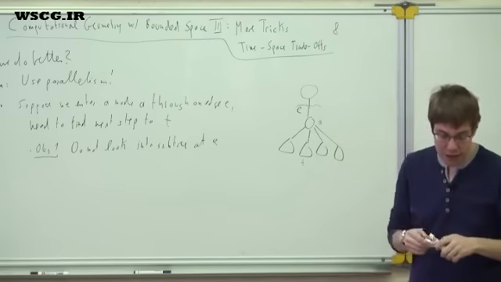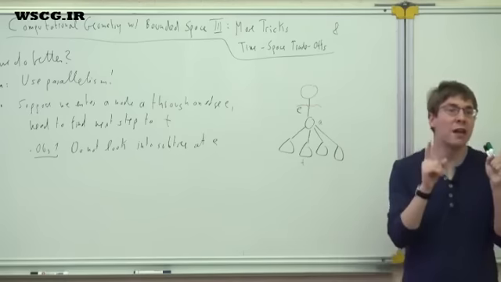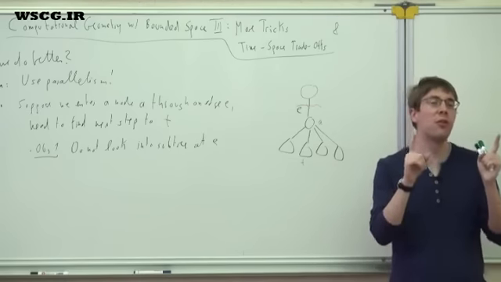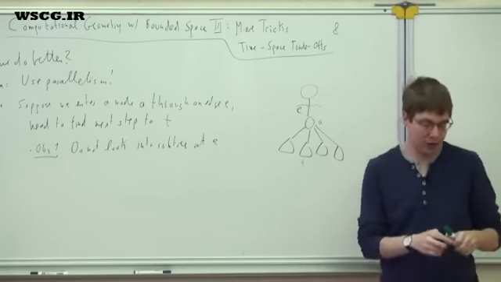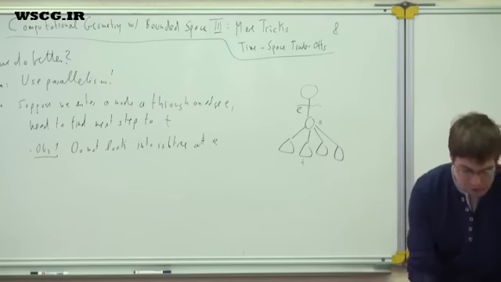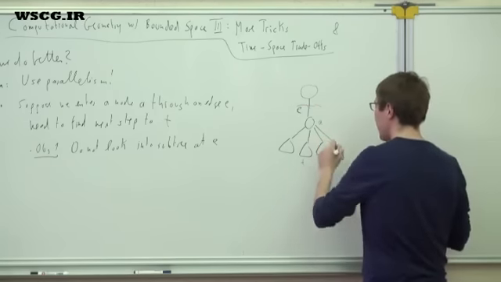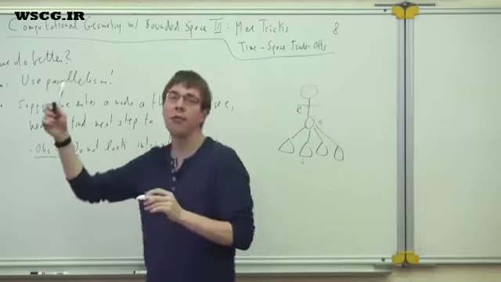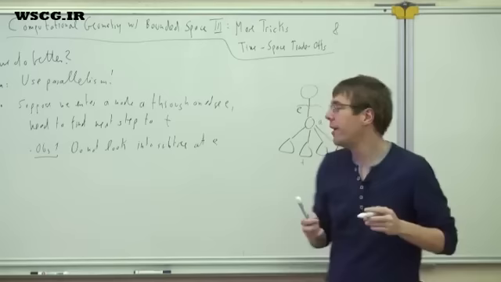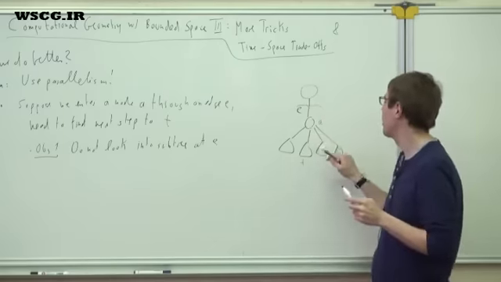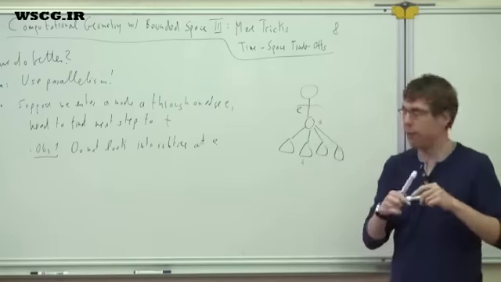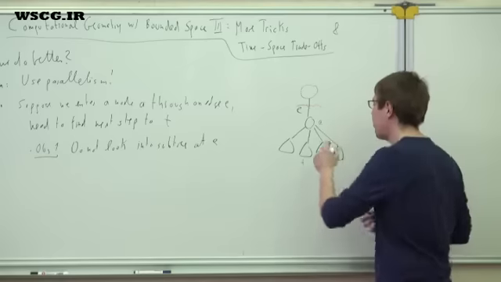Now the idea is we don't search one tree, but we search two trees at the same time. You can think of it as somebody walking along a tree. Now we don't have just one person walking along a tree, but we take two trees at the same time, this one and this one.